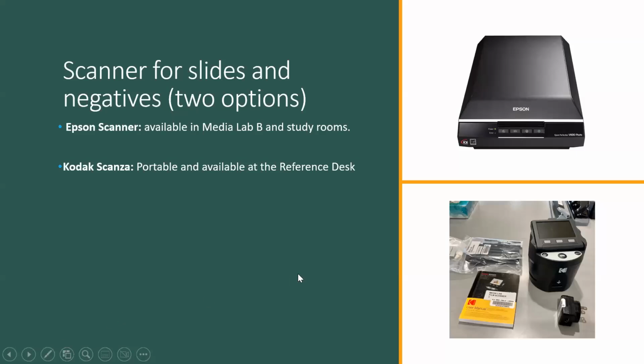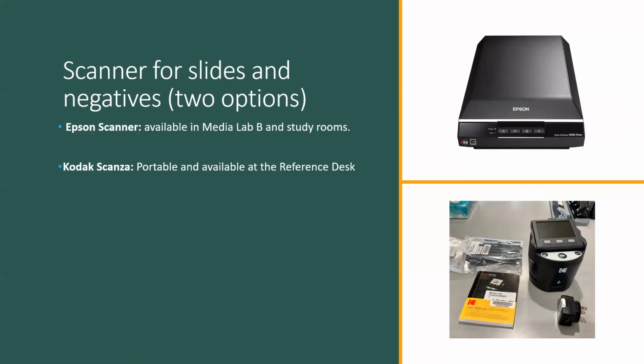Another item I'd like to bring up is our scanner. We actually have 2 scanners. Both of these will scan slides and negatives. And the one on top will also scan photos and papers. So the Epson scanner is the first one, as you can see here on the upper right.